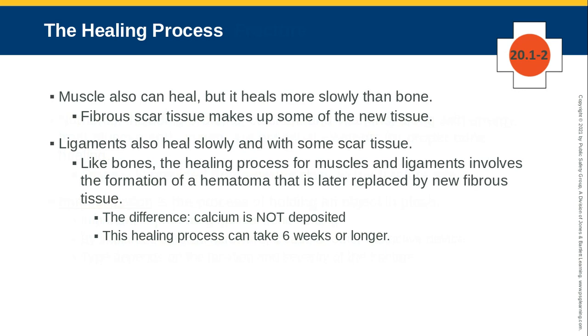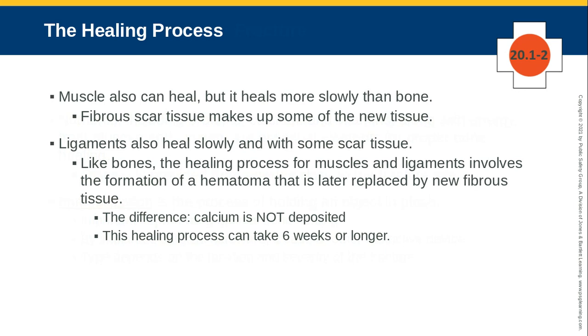Now, muscle can heal, but it heals a little bit more slowly. Ligaments likewise will heal, but one thing that's important in the difference here is we do not get the deposition of calcium into that protein matrix. Think about it, muscles, ligaments, and so on are not going to be hard tissues like a bone.